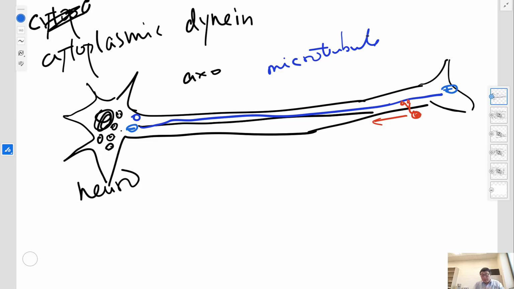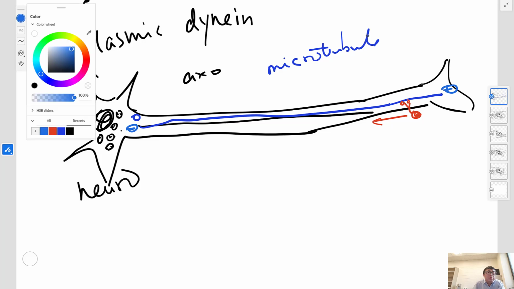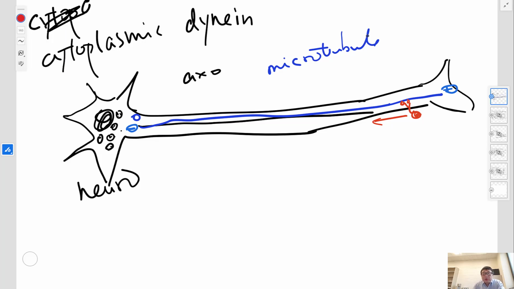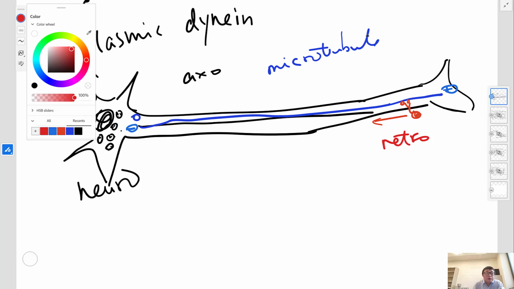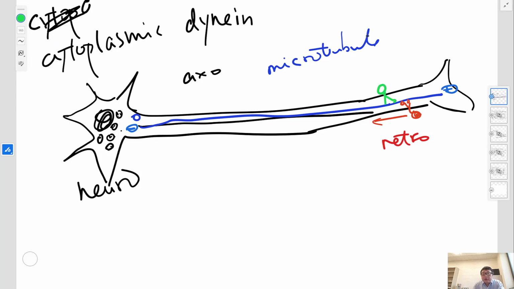Dynein can drive the cargo from the plus end to the minus end. This is called retrograde transport. Then another protein, let's use the green color here, also has two feet and drags the cargo. This protein is called kinesin.